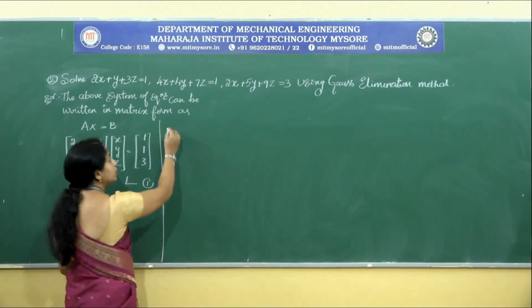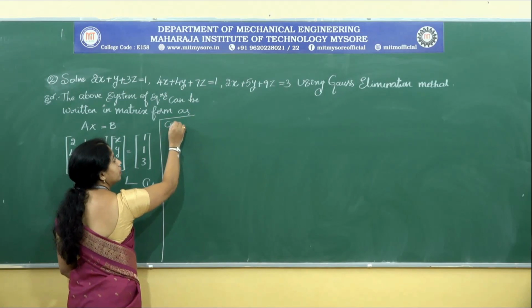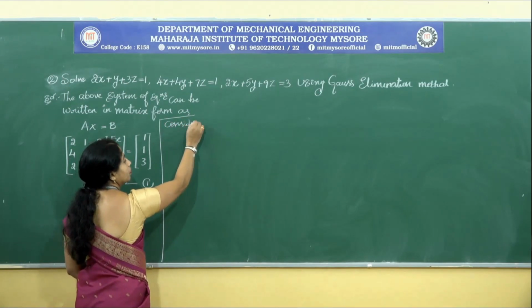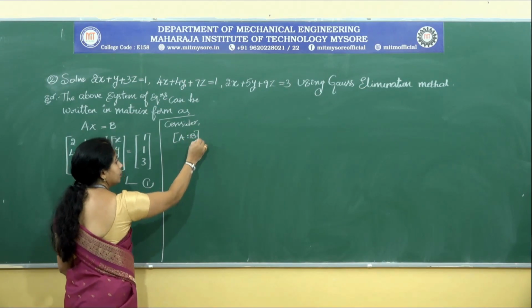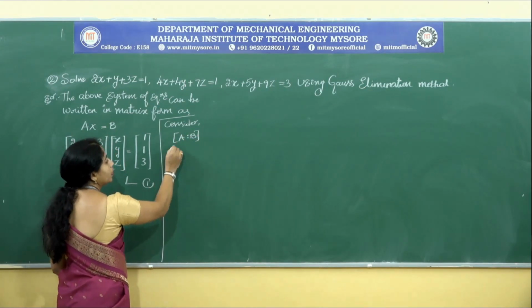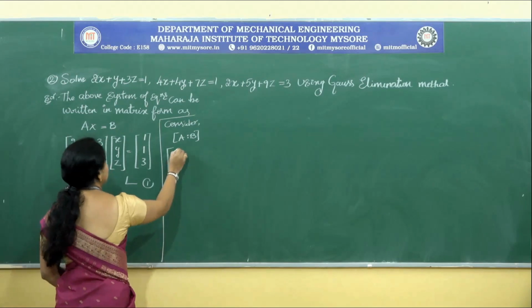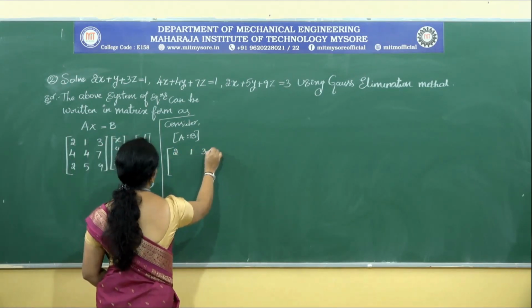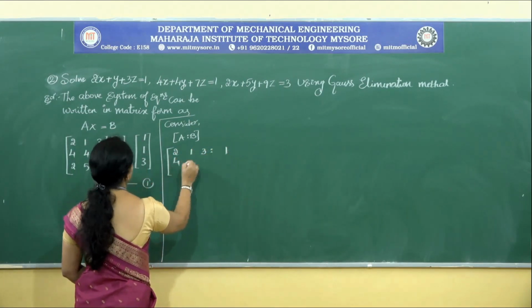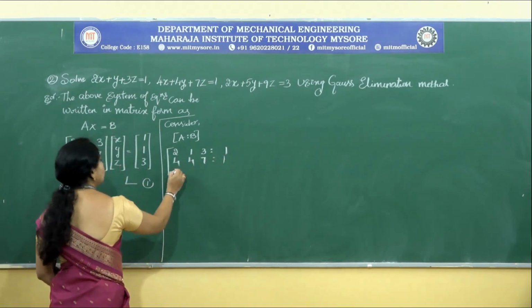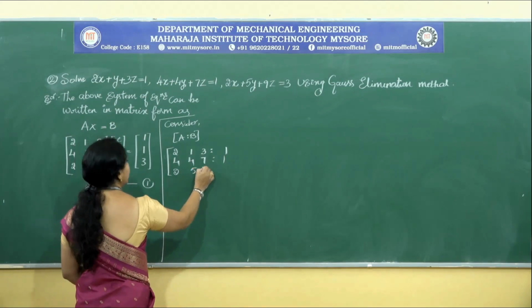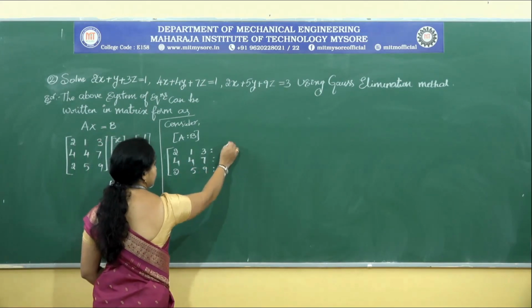Now we are supposed to consider the augmented matrix. Here the augmented matrix is 2, 1, 3, 1, 4, 4, 7, 1, 2, 5, 9, 3.